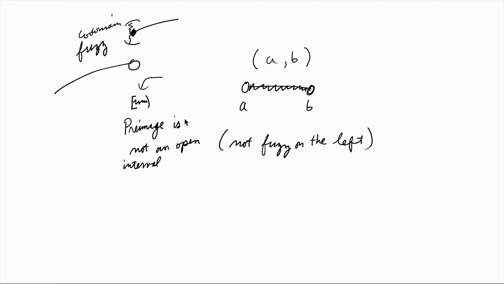Fuzz is a fun word though for now. So the preimage of this codomain is not going to be fuzz down here. It's not going to be an open interval. So this is an example of saying, wait a minute, this function with the jump is not continuous, right? It doesn't satisfy that criterion that the preimage of fuzz has to be a collection of fuzzy spots, or a union of fuzzy spots.